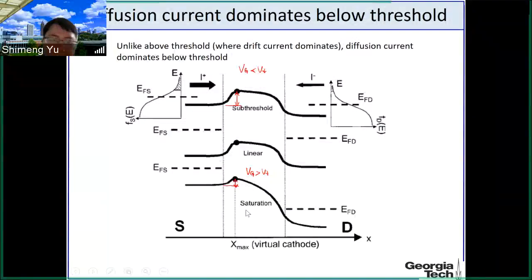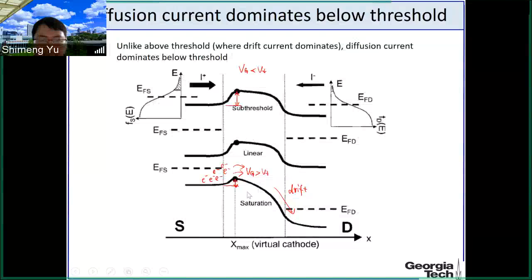So in the saturation region we discussed before, right? We have a lot of electrons in the source, and now this barrier height is small, so a lot of electrons can jump over the barrier, and then they can be collected at the drain, and this is by drift, because we have the slope, that means electric field, and electrons will fall down like water.